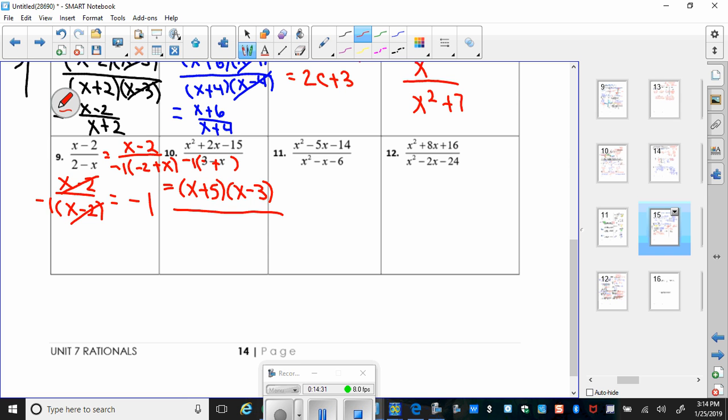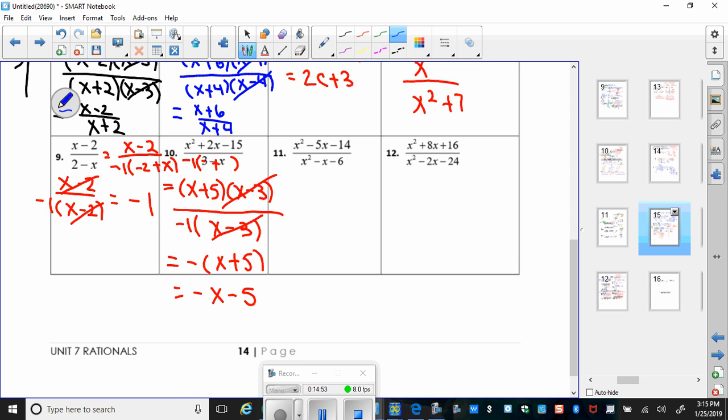At the bottom, I have that -1, parentheses, x minus 3. This goes away. I'm left with negative x plus 5. That -1 comes up. And if I distribute, I have -x minus 5. All the signs change inside. Okay?